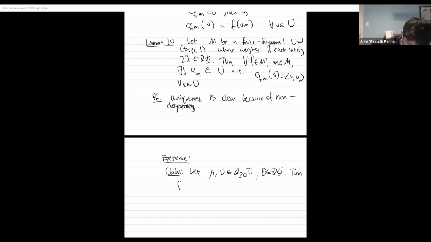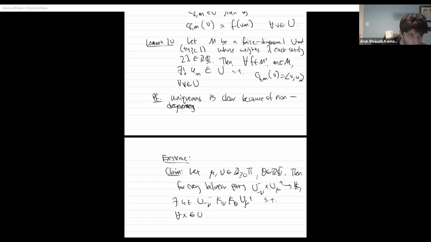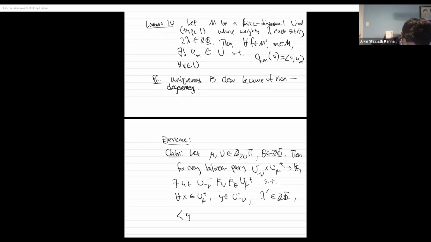Then for every bilinear pairing phi from U minus nu cross U mu plus to k, there exists u in U minus nu minus times K theta times U mu plus, such that for all x in U mu plus and y in U minus nu, and lambda prime, we can say something about the following pairing with u.